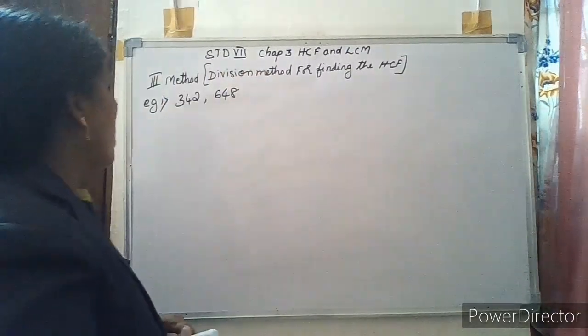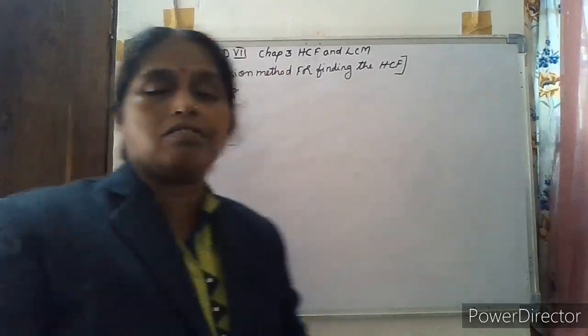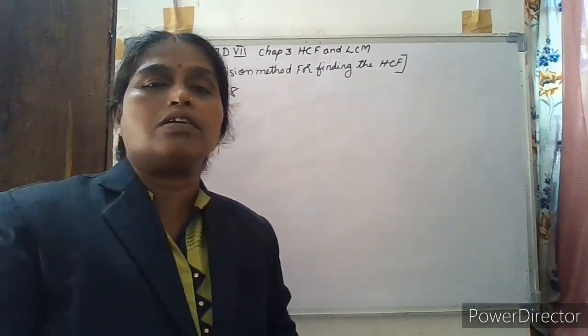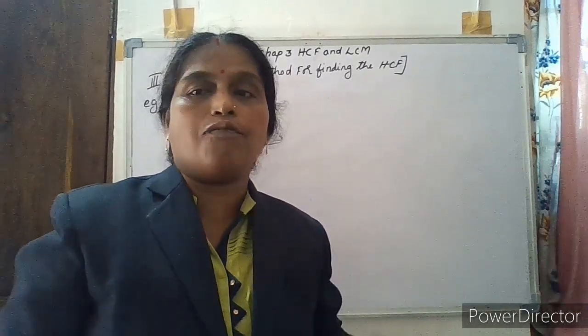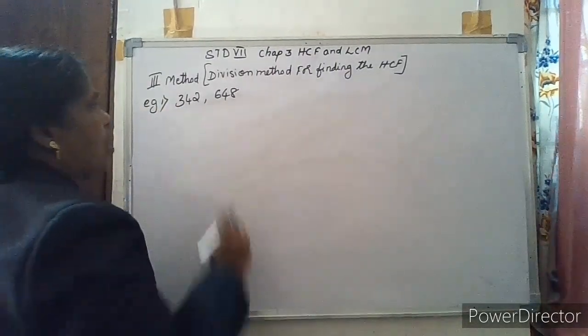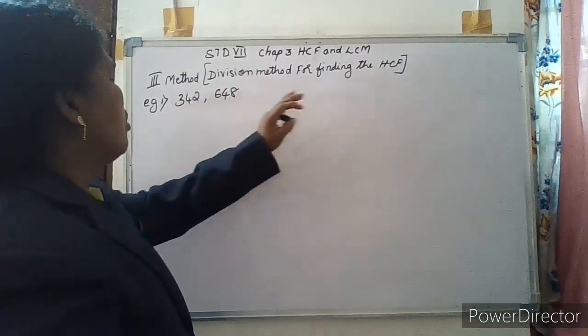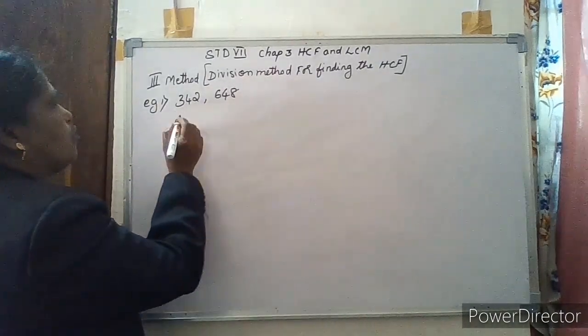So now see, I have taken 3 digit numbers here, 342 and 648. The first two methods are very convenient to find out HCF for smaller numbers. Now these are big numbers, so you have to find out the HCF for this by the division method. What you have to do is simple division.